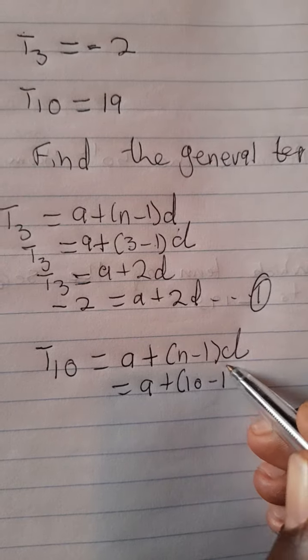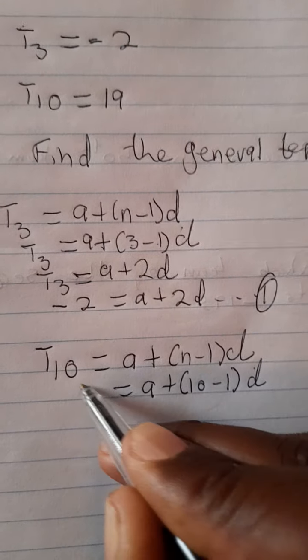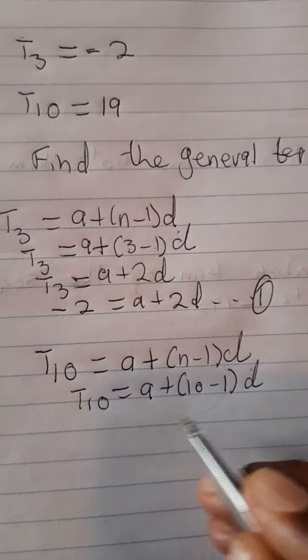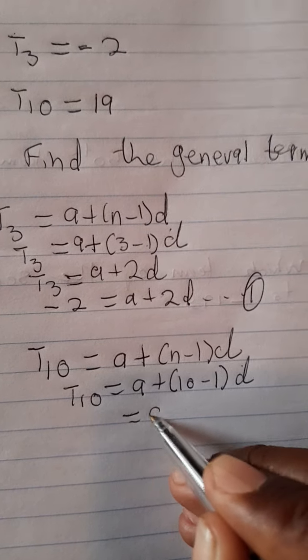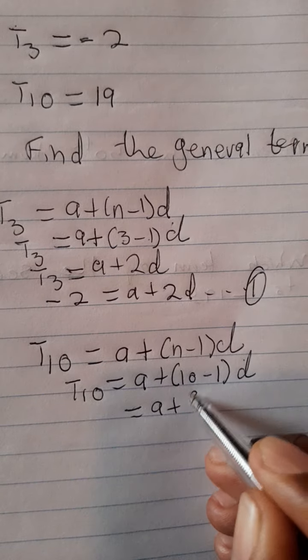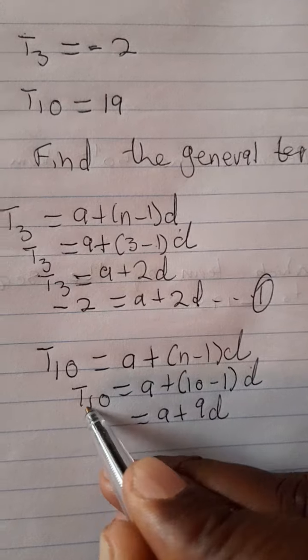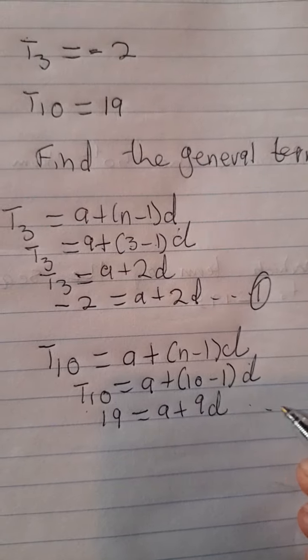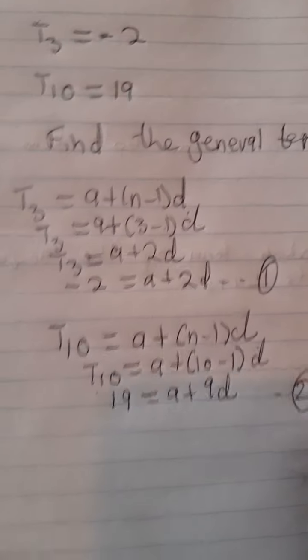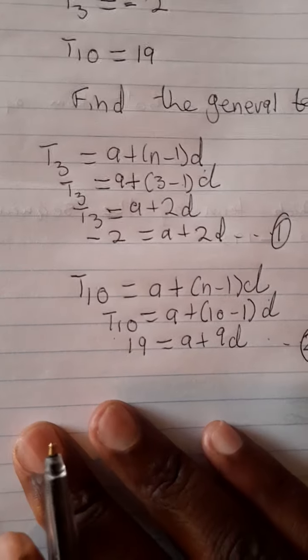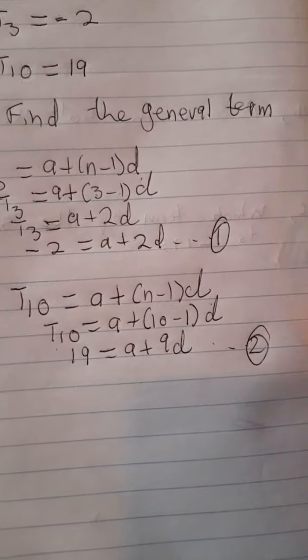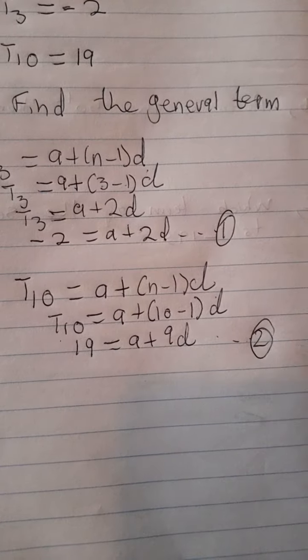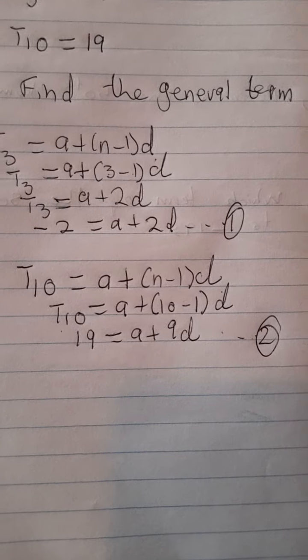So it's going to be 10 minus 1, then the difference. So this is a plus 9d. Then remember that T10 is given as 19. Well, we already have our second equation. We have equation 1 and equation 2. Let us apply the simultaneous method.